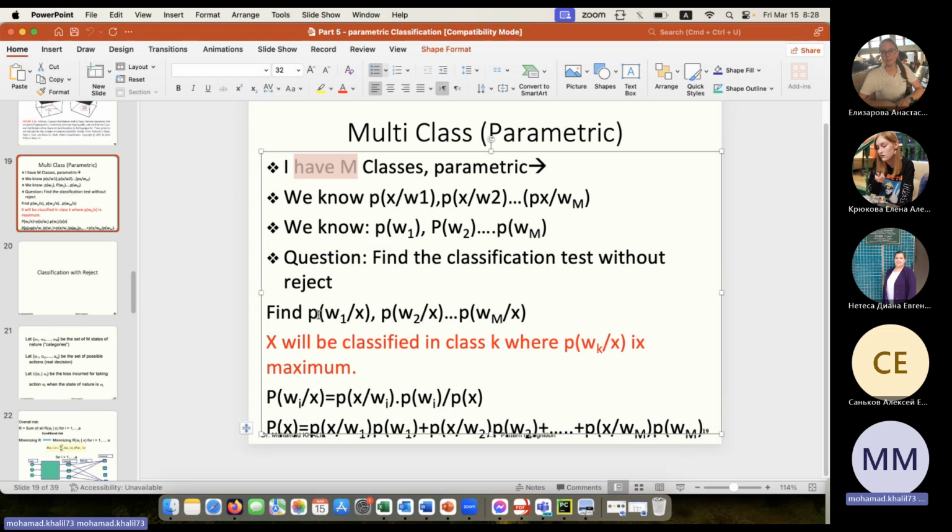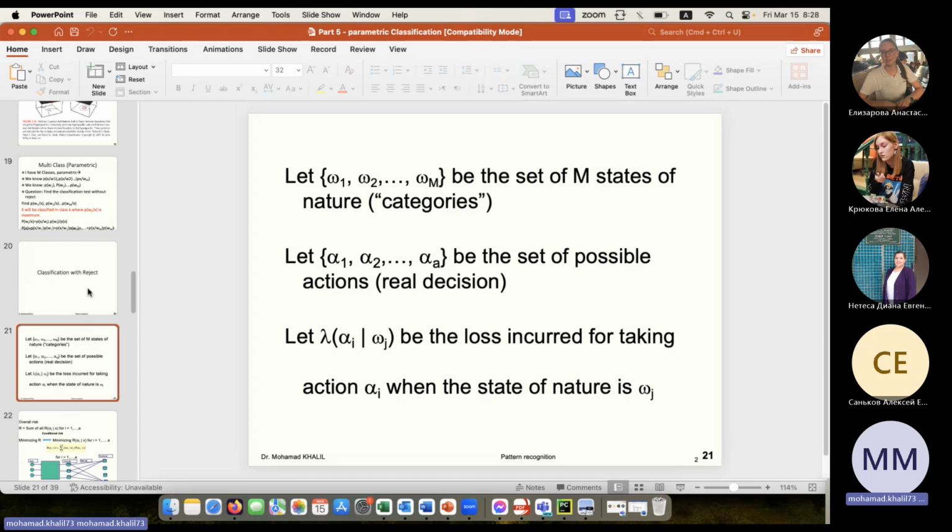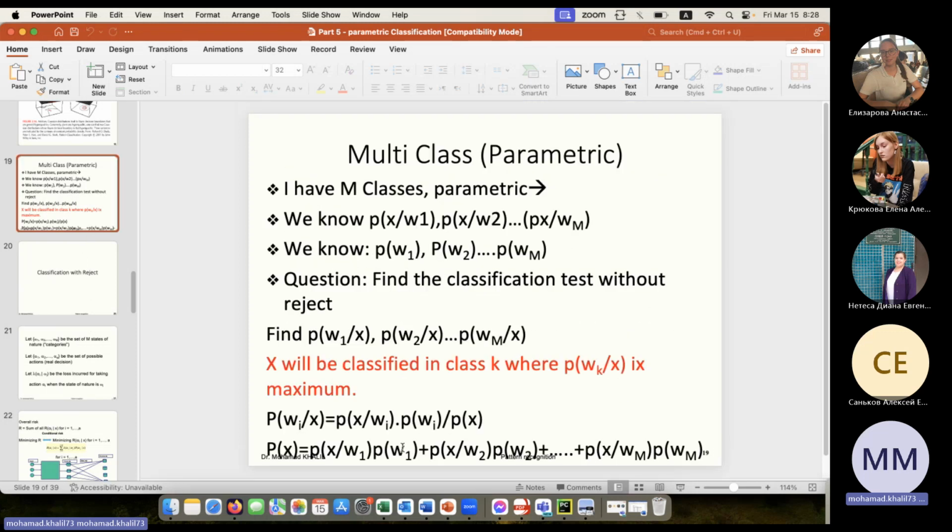So we have to find P(omega 1|x), P(omega 2|x), P(omega m|x). If you find all of these, x will be classified in the class k where P(omega k|x) is maximum.